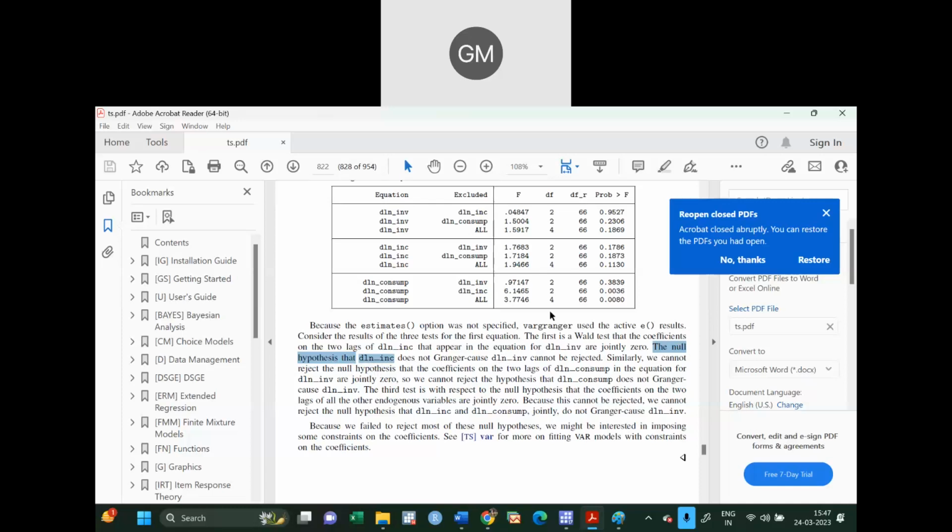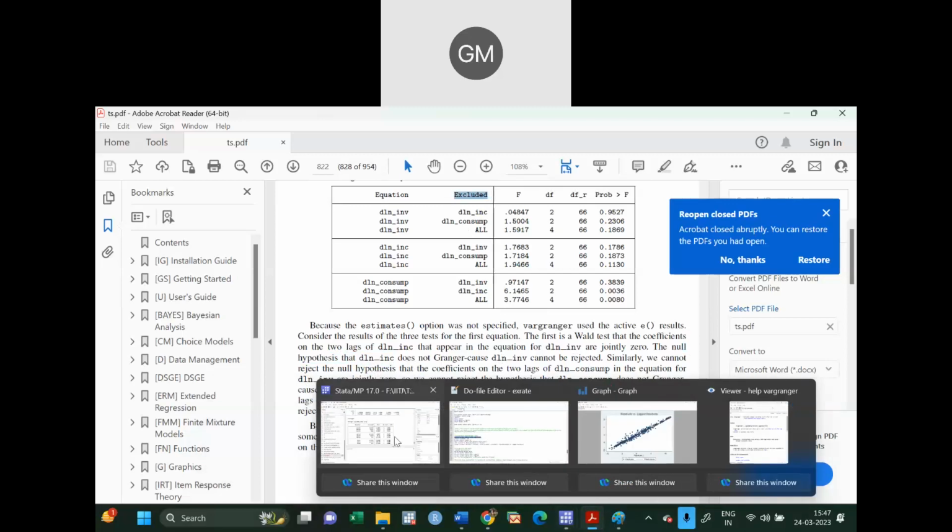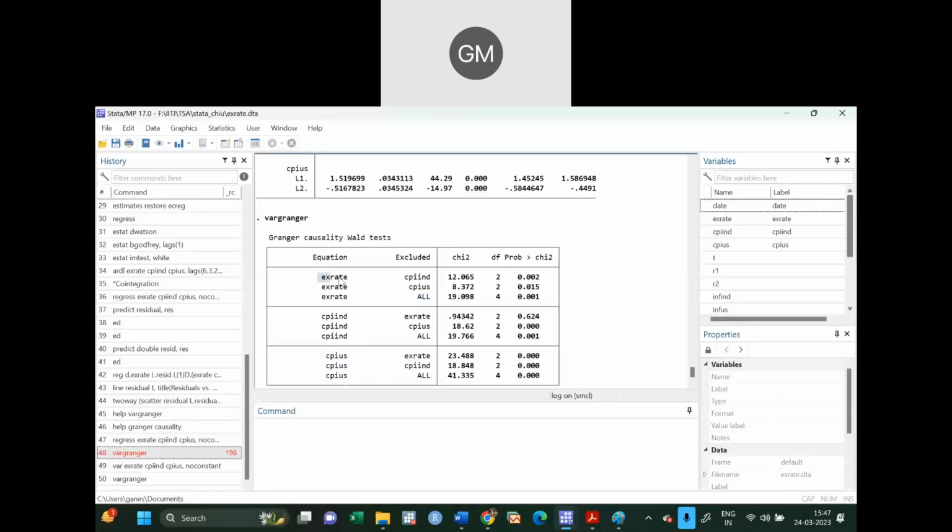Okay, so I don't know why this excluded term is coming here, but from the interpretation given, what it says is that exchange rate does not Granger cause CPI India. Exchange rate does not Granger cause CPI US is the null hypothesis.